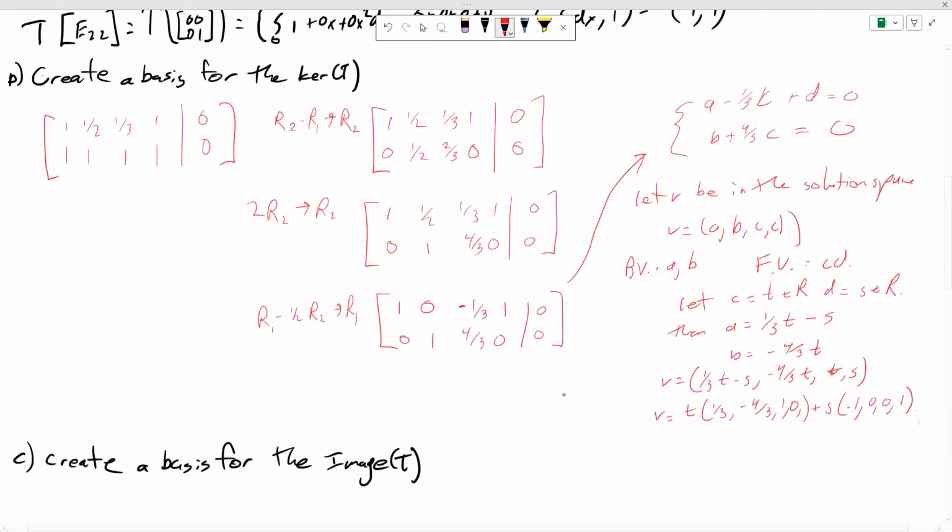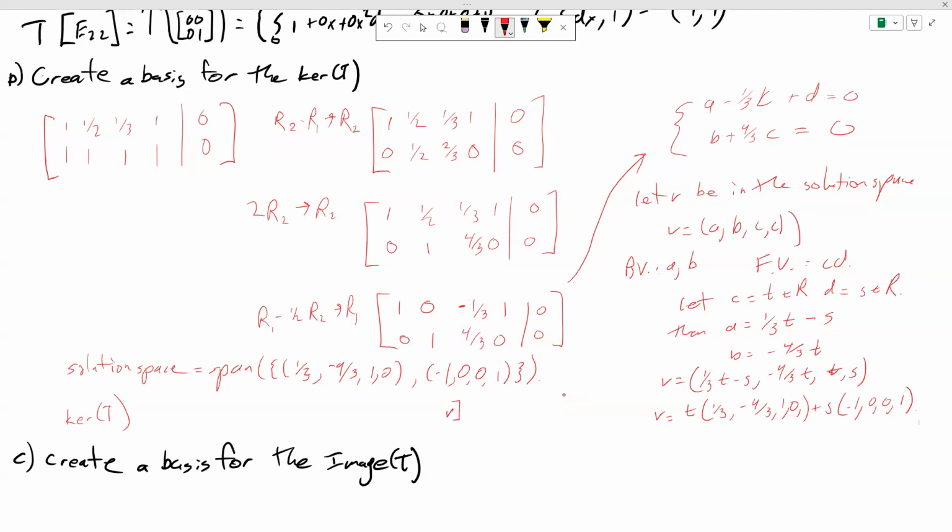So this tells us that our solution space equals the span of the set of vectors (1/3, minus 4/3, 1, 0) and (minus 1, 0, 0, 1). Well, to get the kernel of T, we need to convert these vectors into matrices using the coordinate system.